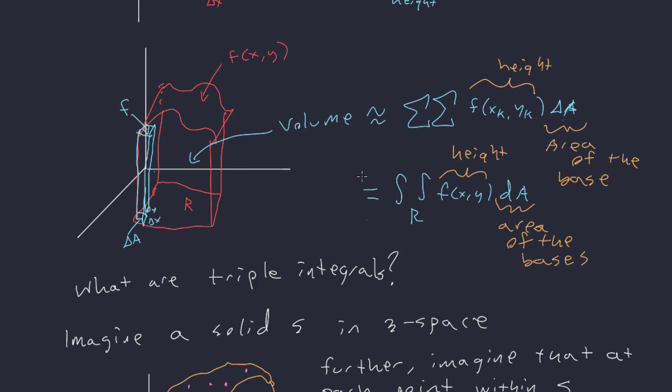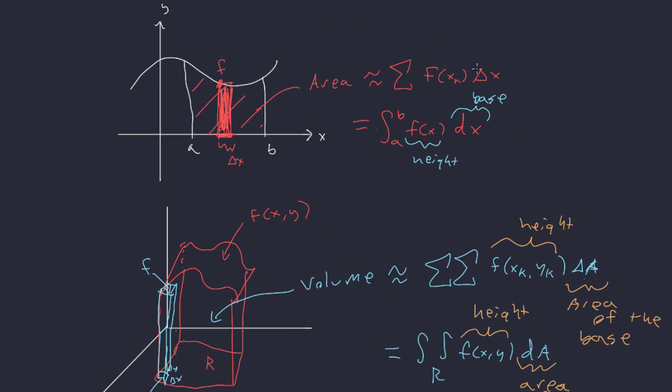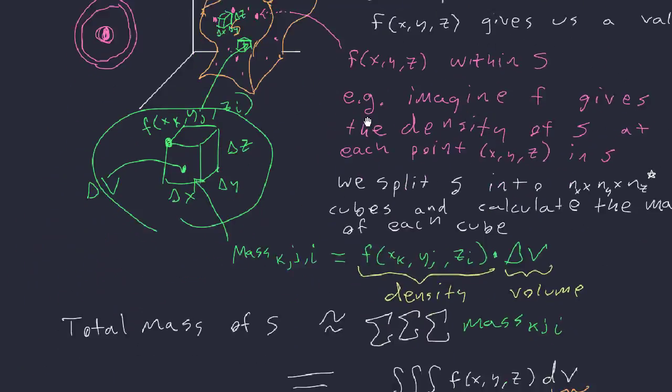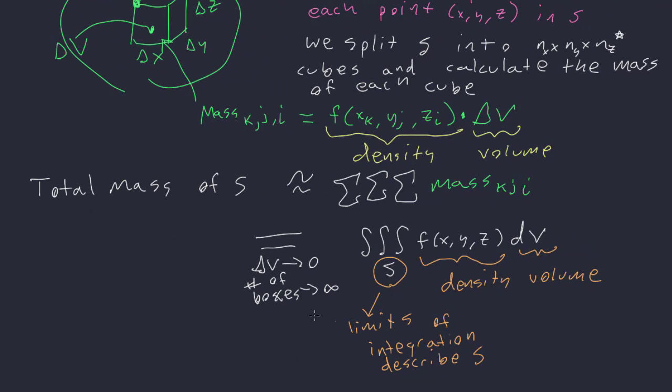Here, the limits of integration describe the region R on the x-axis. Here, the limits of integration represent this length of the base, the total base. Much in the same way for a triple integral, those limits of integration describe what S is.